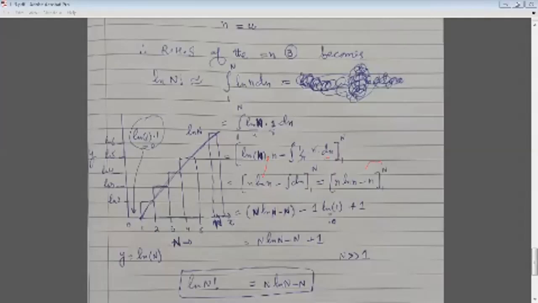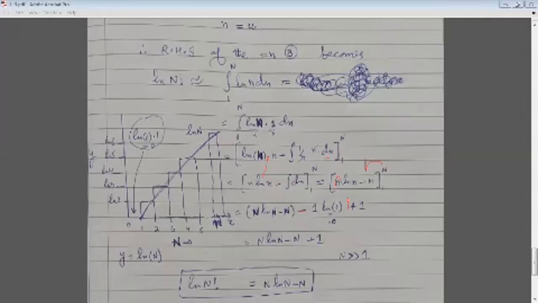We will first give the upper limit minus the lower limit. So the upper limit, this small n will be replaced by capital N, that means capital N ln N minus N, then again minus. Now we introduce the lower limit: in place of n we take 1, so 1 ln 1 minus 1. It would have been minus 1, but the minus is outside, so it will be plus 1 there.